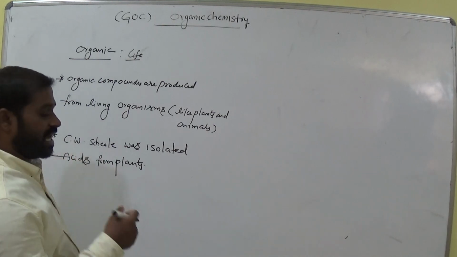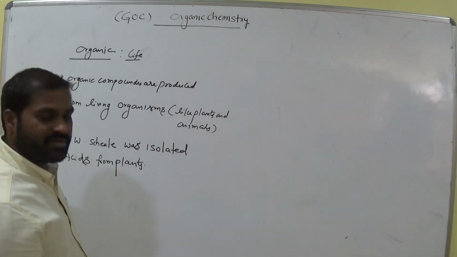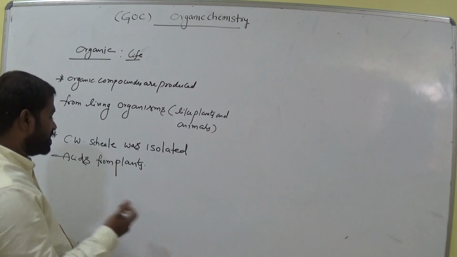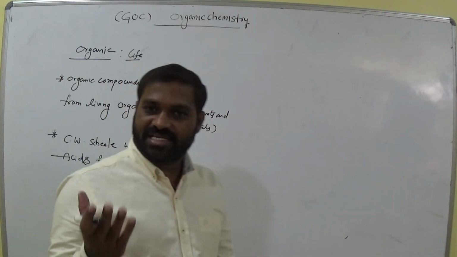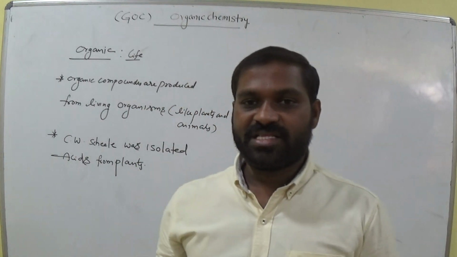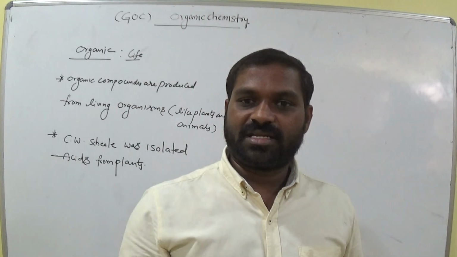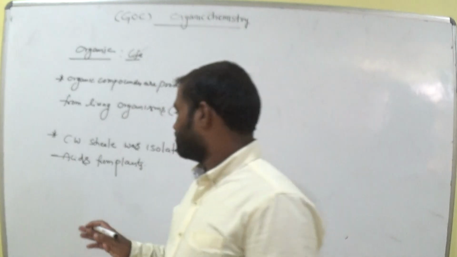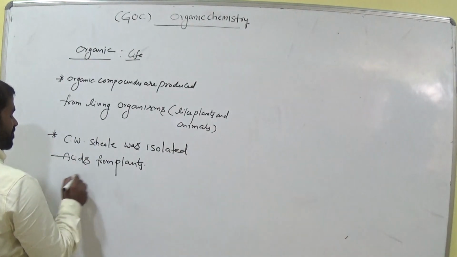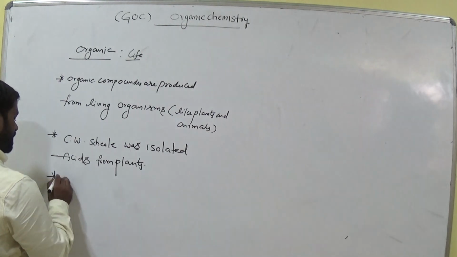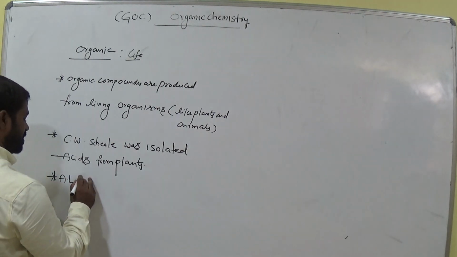Isolated means separation, so from plants he separated the acids. Citrus fruit has citric acid, which is present in the plant. Remember this.